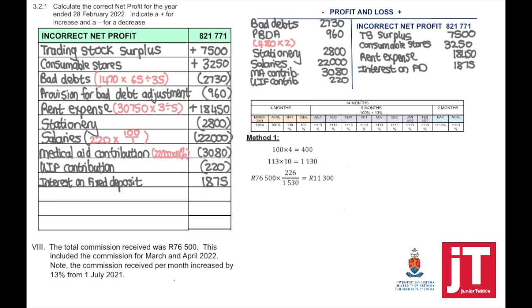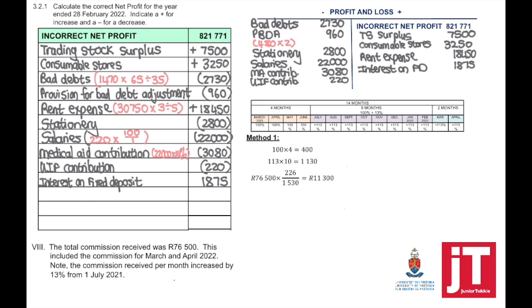So there's different methods in how we can get to exactly the same answer. Method number 1, for 4 months it was at 100%. For 10 months it was at 113%. I want to know what is the total amount that should be taken out after the 13% increase, and 2 months must be taken out.